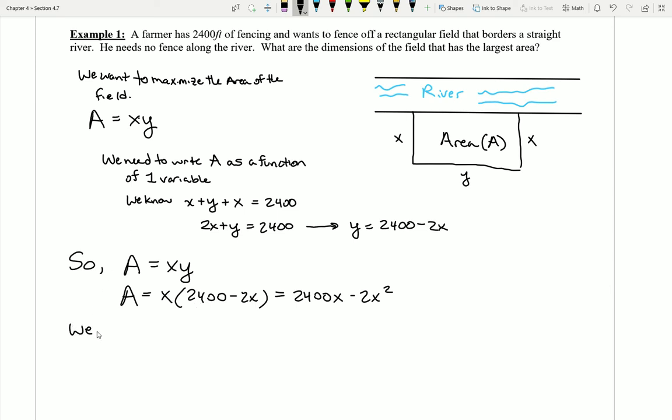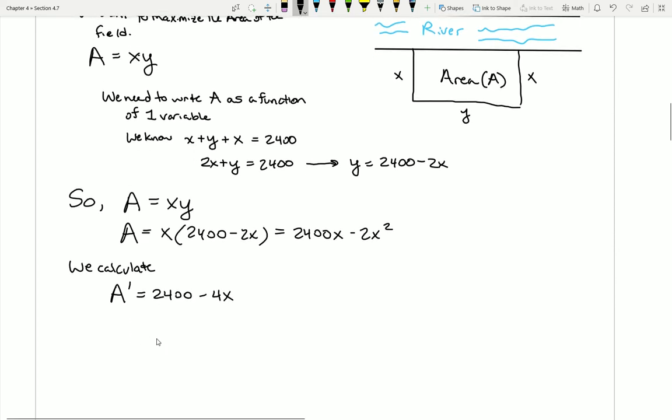So I'll now say that we calculate that A prime would just be equal to 2400 minus 4x. And if I want to figure out now where this is equal to 0 and undefined, so I'll say A prime is equal to 0 when 2400 minus 4x is equal to 0.